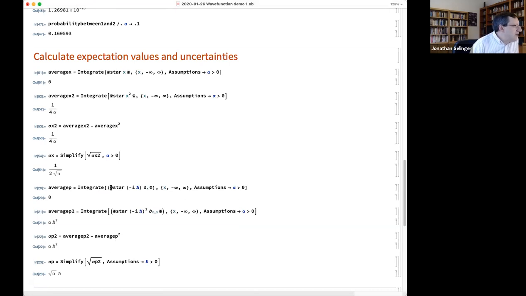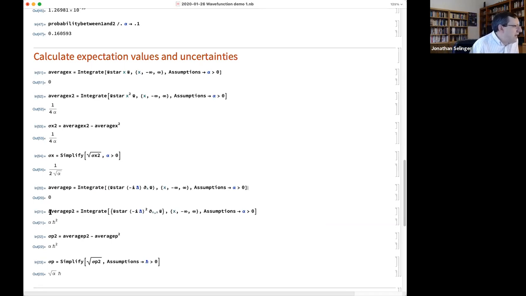So it is the integral of psi star times minus i h bar times the derivative with respect to x of psi integrated over all x. This comes out equal to 0, which makes sense because this is a system where nothing's moving in time, right? That the average position is staying fixed, right?